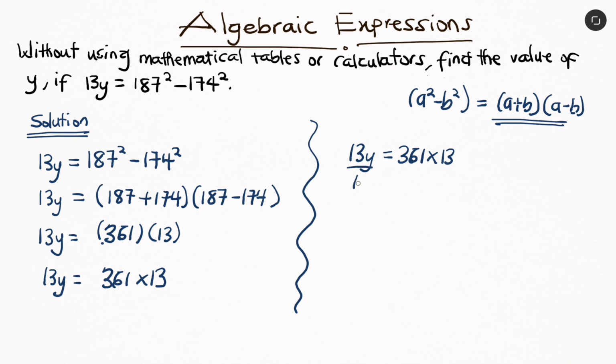So I do that, divided by 13, divided by 13. 13 will cancel 13, so I'm left with y is equal to, this 13 will cancel this 13, so my final answer is going to be 361 as the value of y. So this is how we solve this particular question in algebraic expression.